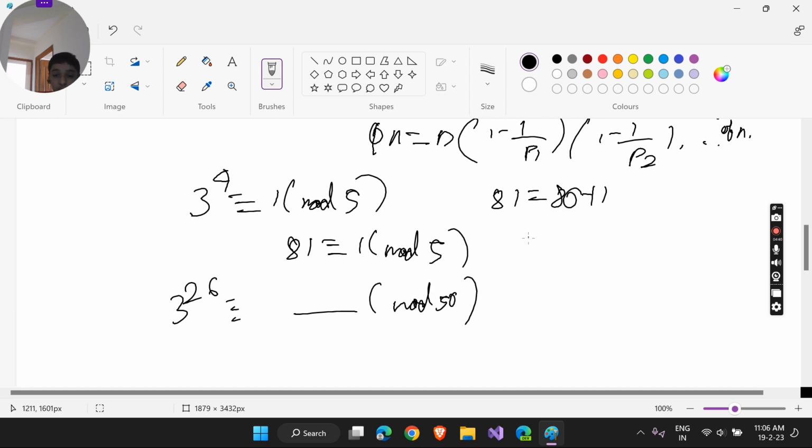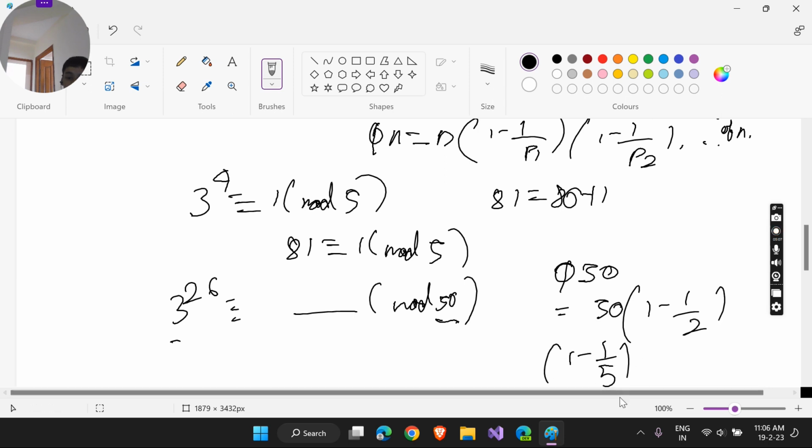Remember, the Euler's Totient function only works if the GCD of the number and the divisor is 1. So we observe that GCD of 3 and 50 is 1. So in that case, we take phi of 50. This is equal to 50 times 1 minus 1 by 2 into 1 minus 1 by 5.